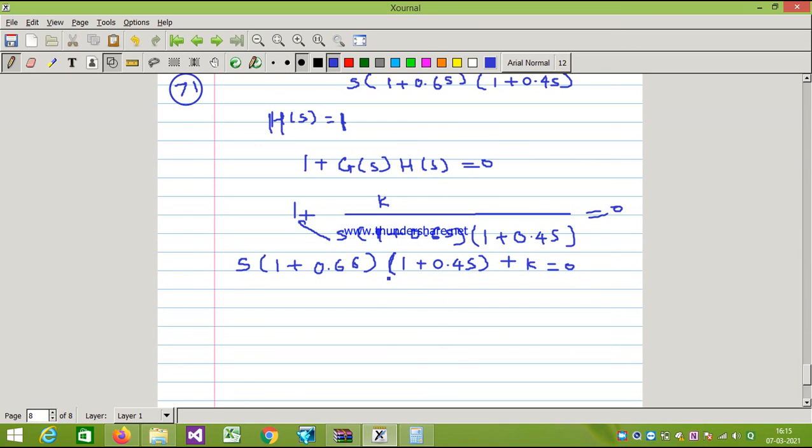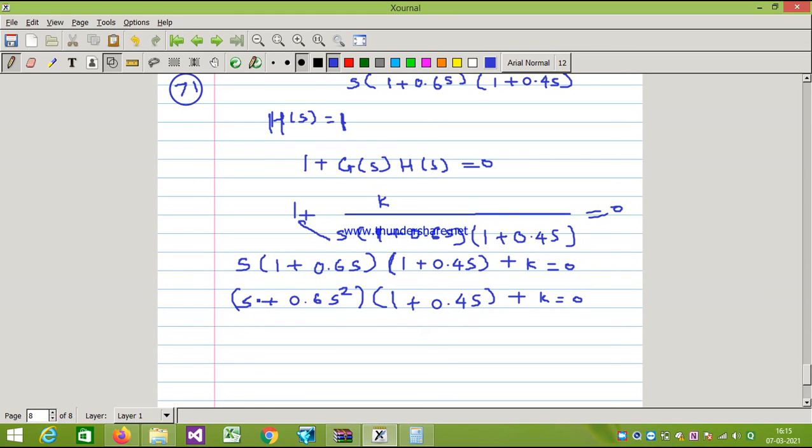Now let's simplify this equation. Just multiply s inside, so it becomes (s + 0.6s square), and the second bracket is (1 + 0.4s), plus K equal to 0. Now let's multiply this bracket.